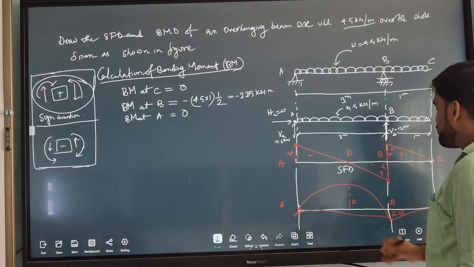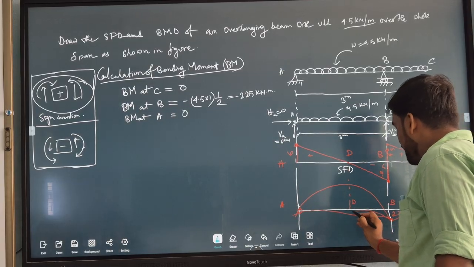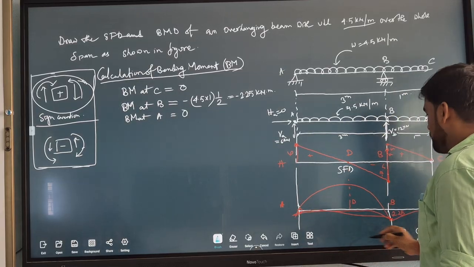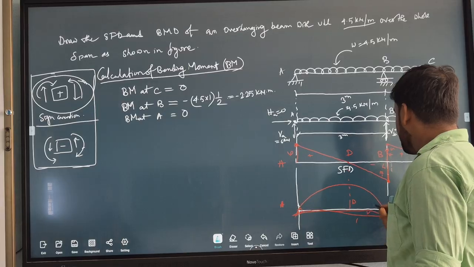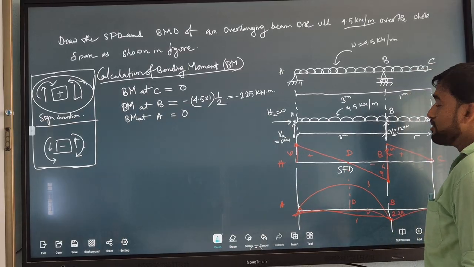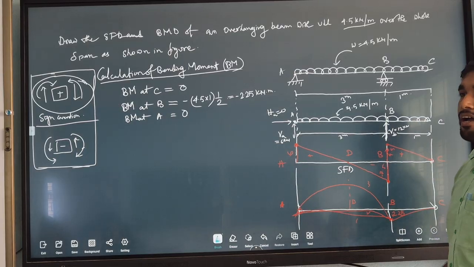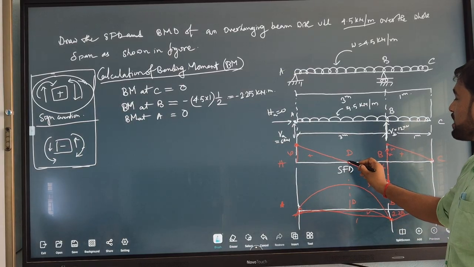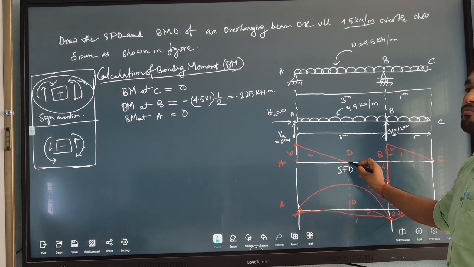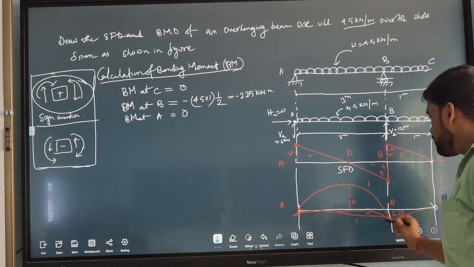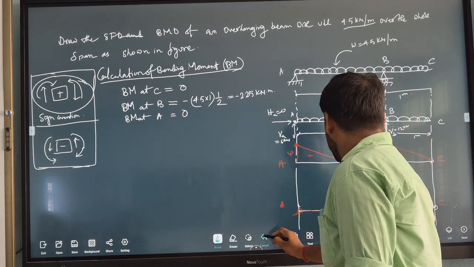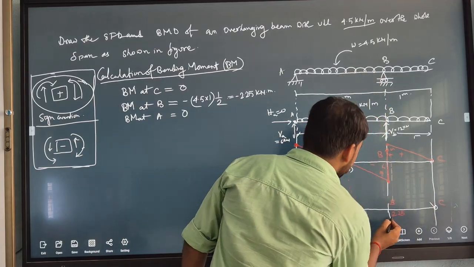Which one will be better? Which one will be the right, 1, 2 or 3? I will say 3. I will explain. I told you where shear force is 0, bending moment is maximum. You see these two diagrams.